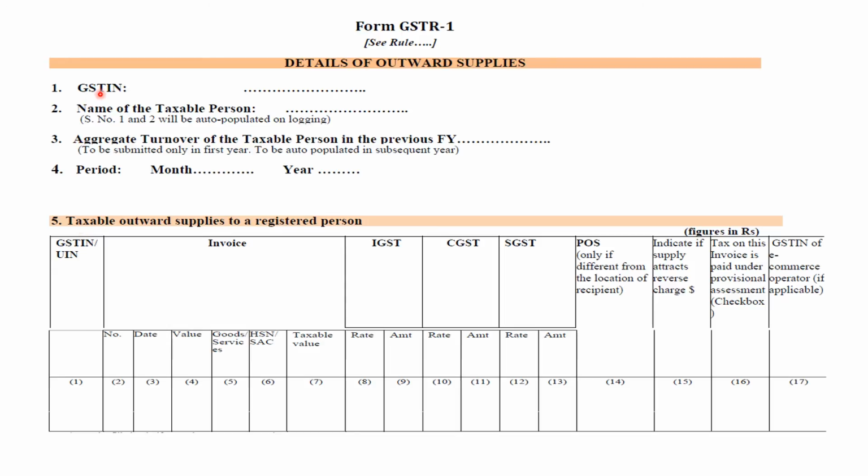Now the third case will be, suppose the supplier GSTN is 07 and the recipient GSTN is 07, but there is a place of supply of 29, like Karnataka, mentioned in place of supply.